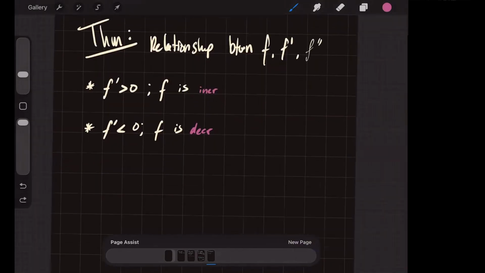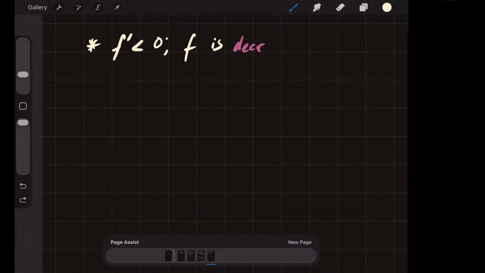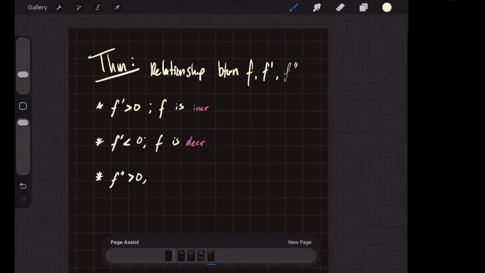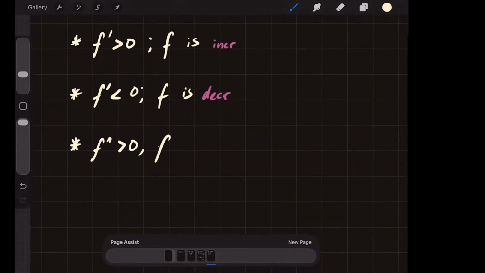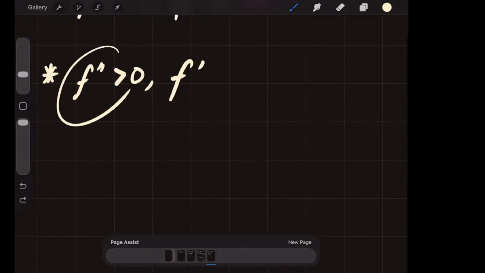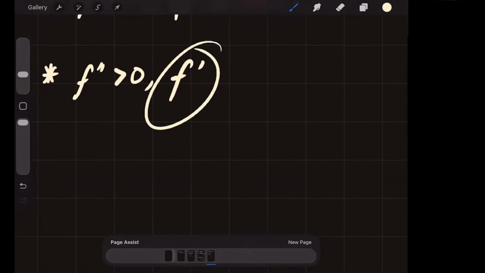Okay. So now we know that when f double prime is greater than 0, right? F prime, the derivative, the rate of change of the rate of change. Please keep track. You will get lost if you do not.